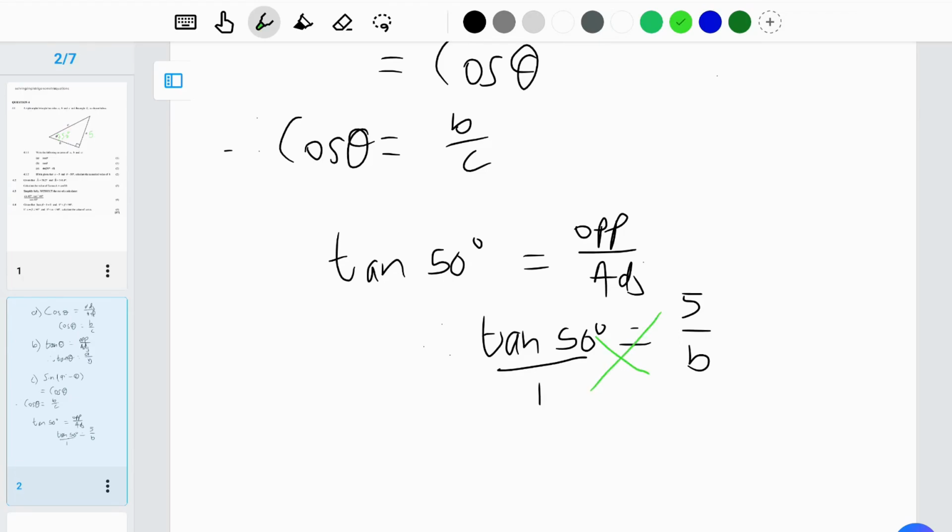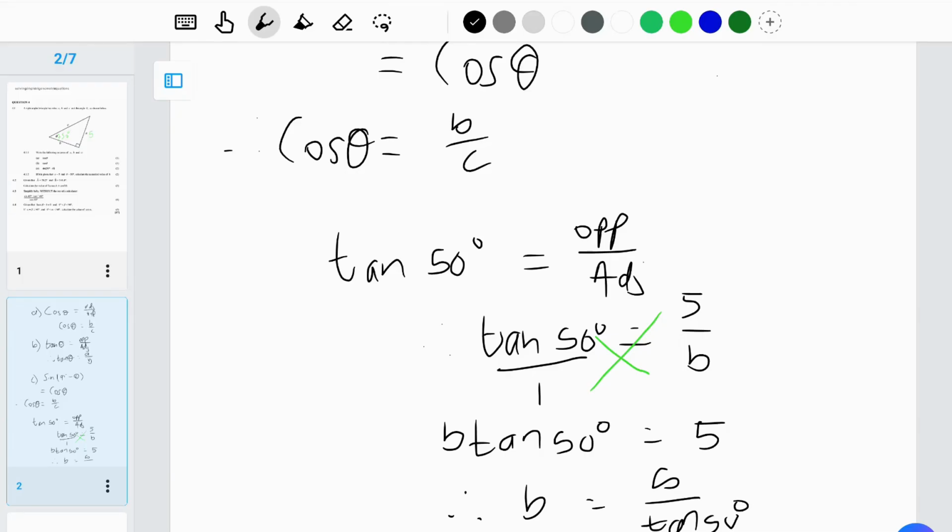We can cross multiply. So what's that going to give me now? It's going to give me B tan 50 degrees equals 5, because it's going to be 5 times 1. Obviously you want B on your own, so therefore B equals 5 over tan 50 degrees.